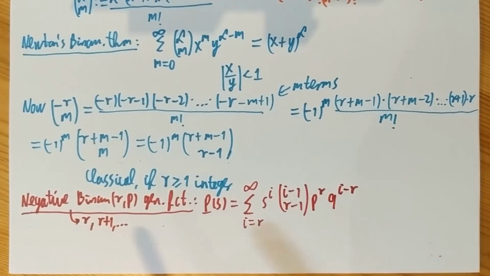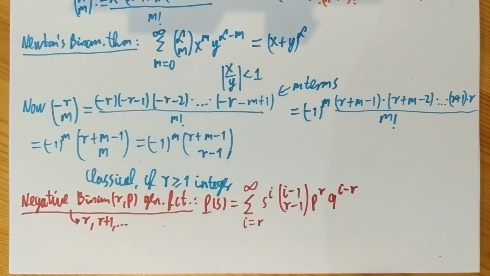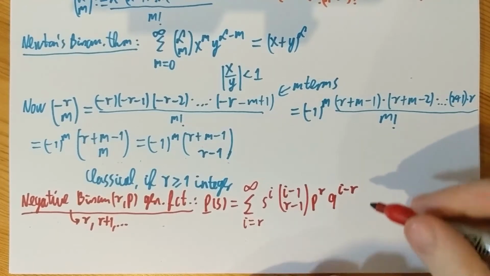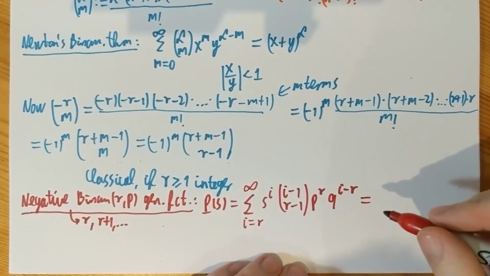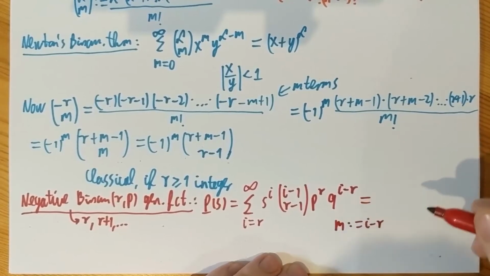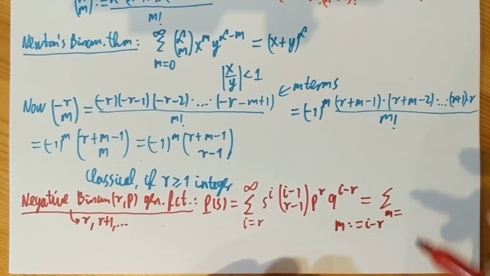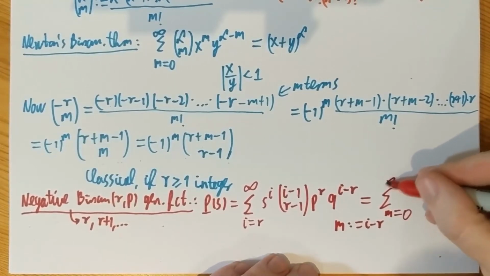Now, I don't like this sum going from r. I want it to go from 0. So I'm going to make a substitution: m is going to be i minus r. And then this m will go from r minus r, which is 0, to infinity.